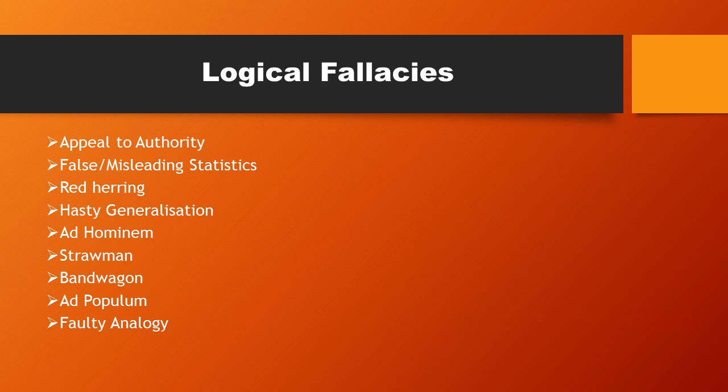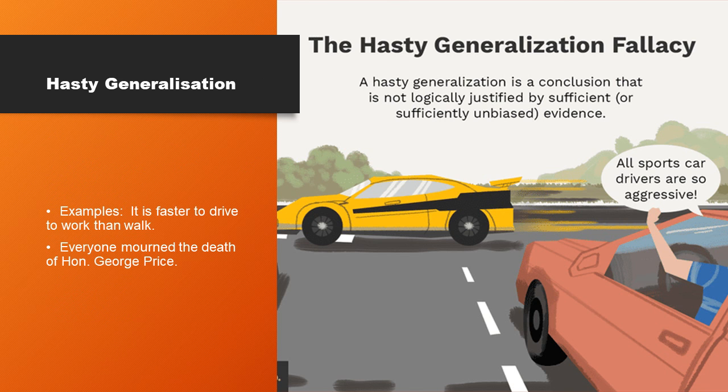Hasty generalization is a conclusion that is not logically justified by sufficient evidence. In other words, jumping to conclusion without sufficient information. Example: it is faster to drive to work than walk. Everyone mourned the death of Honorable George Gaydel Price.